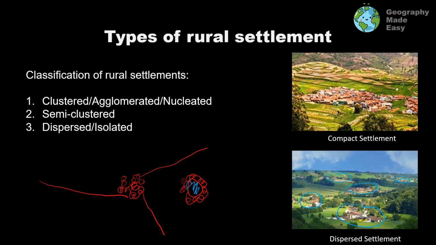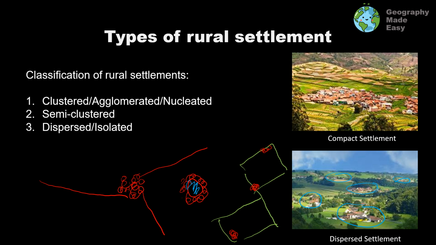So maybe there is a field in this way. These are fields, and we see that here maybe there are a few settlements here, a few settlements here, a few settlements here, and a lot of space in between. So this kind of settlement is called the isolated or dispersed pattern.